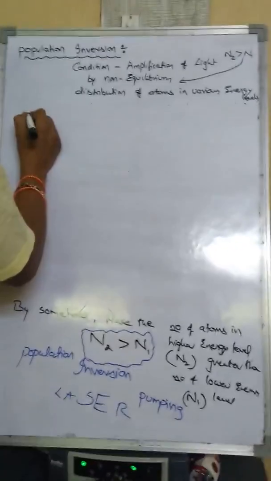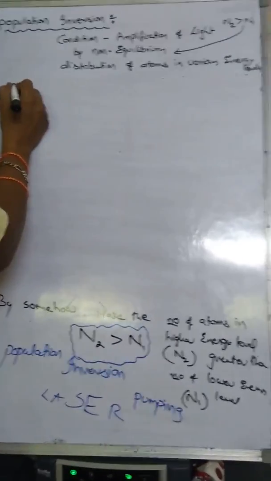So population inversion can be defined also like this.